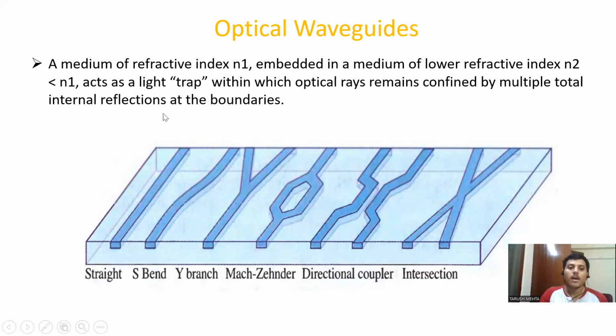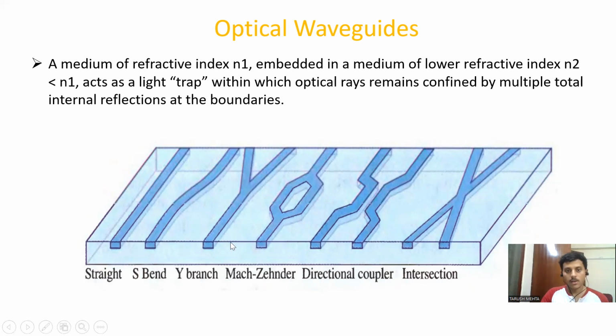To define an optical waveguide, we look at this definition: a medium of refractive index n1, which is embedded in another medium of lower refractive index n2, can act as a light trap within which the optical rays remain confined by multiple total internal reflections at the boundaries. So basically, the optical fiber that we were looking at was also a special case of this optical waveguide. In an optical waveguide, the light remains confined within some boundaries and within a structure.